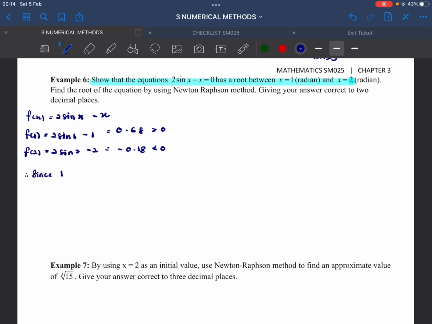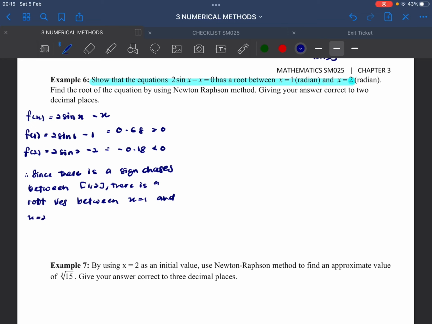Okay, since there is a sign changes, the keyword is sign changes between 1 and 2. There is a root that lies between them, between x equals to 1 and x equals to 2. Okay, so that is the first part of the question.